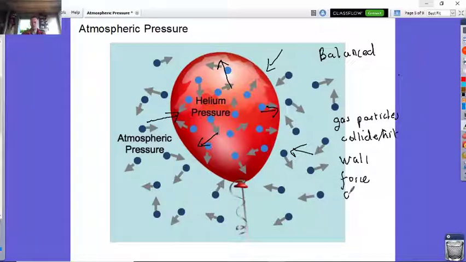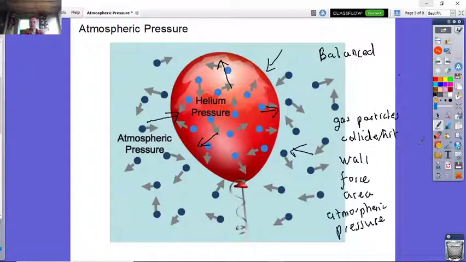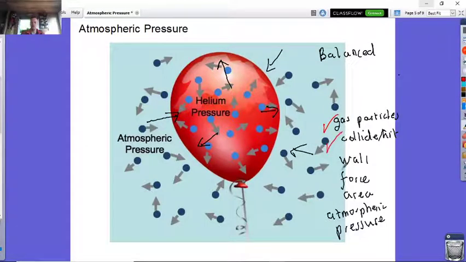They create that force over an area, and therefore this creates something called atmospheric pressure. You've got to be able to use keywords in exam questions to make sure you answer the question correctly. In other words, you've got to get in the fact gas particles collide, hit the wall, create a force over an area, and that's going to create atmospheric pressure.